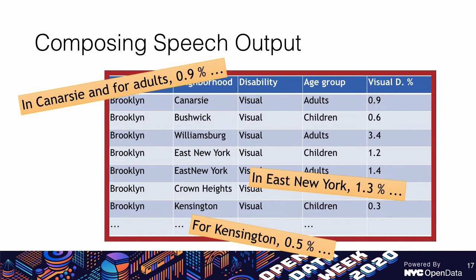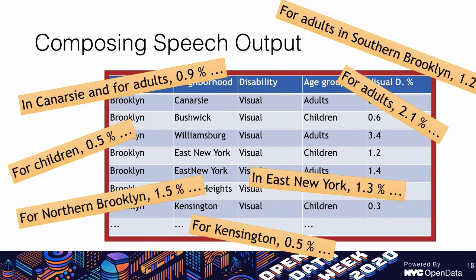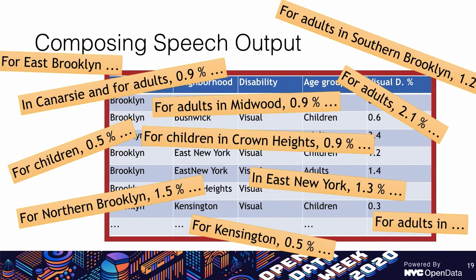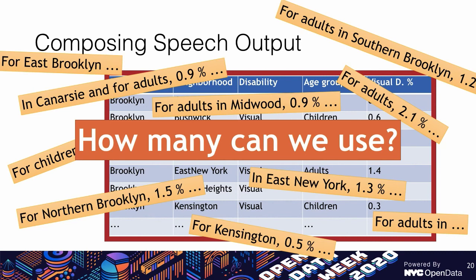Or we can talk about specific neighborhoods, Kensington or East New York, for instance, or we can choose to talk about more generic facts, for instance, about children in general, or about larger geographic areas, such as northern Brooklyn. So there are many possibilities about what I could tell the user. And the first question is, how many of them can we select in a typical speech?